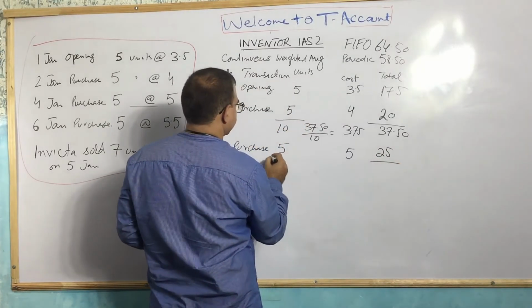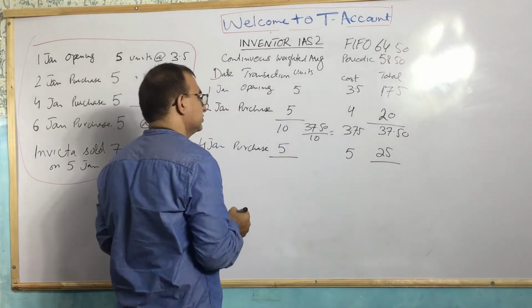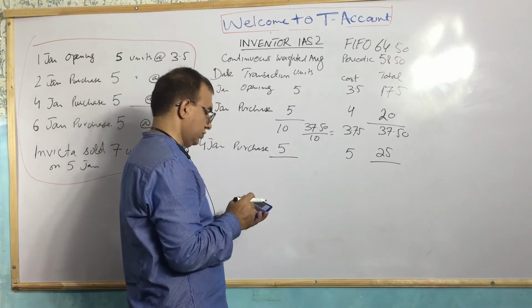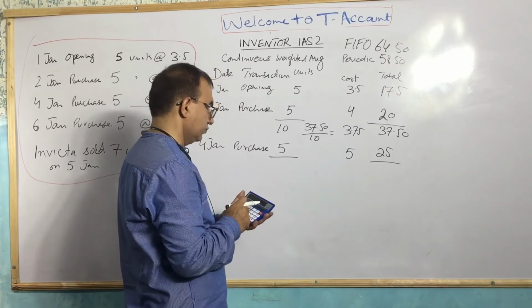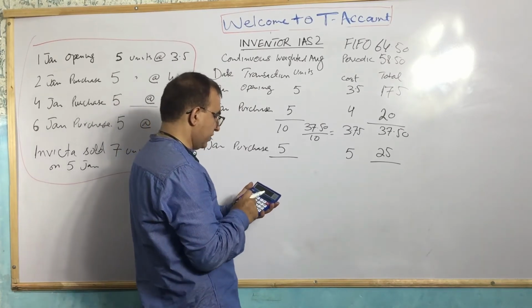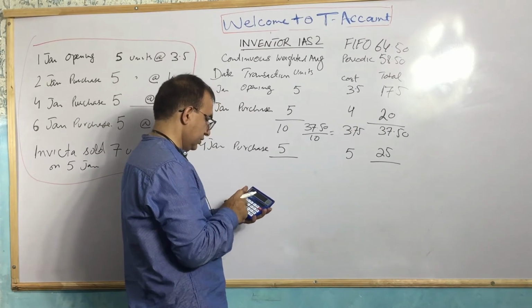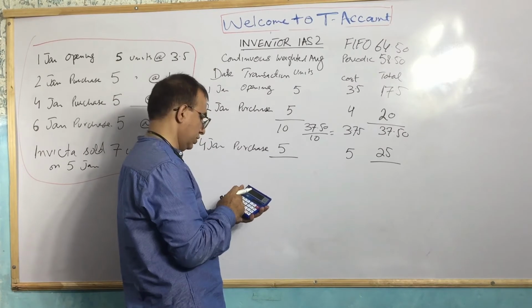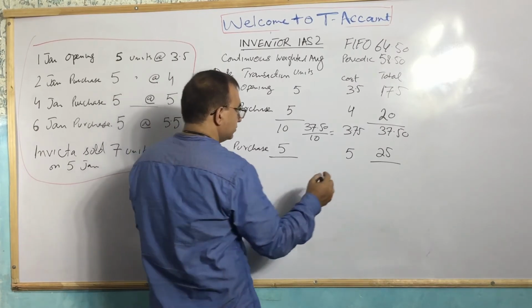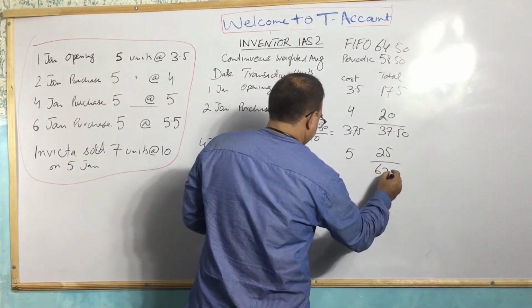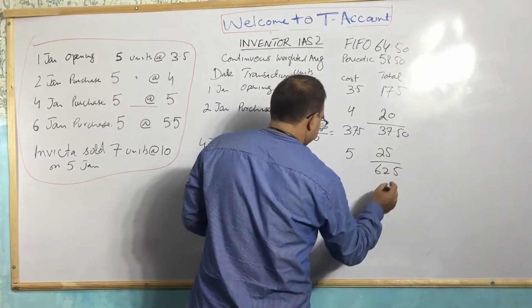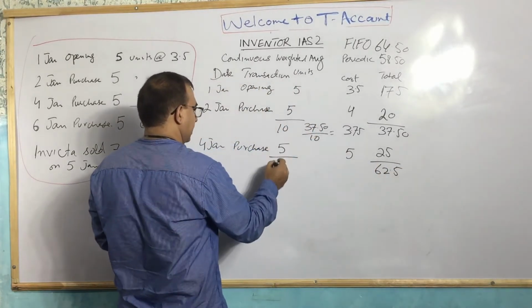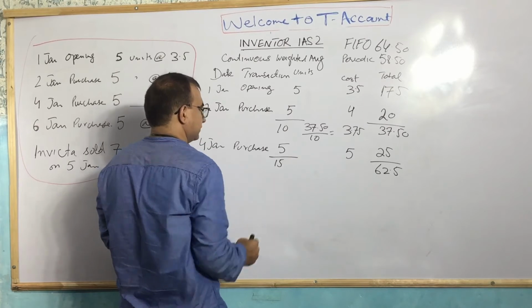Now another transaction, another purchase, meaning we need to update the rate. 37.5 plus 25, 62.5 total value. Now units 15.